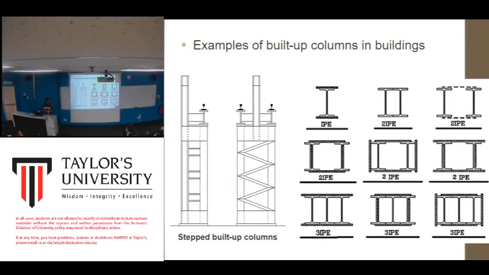Basically, for an industrial building where you have overhead cranes, you want to put the cranes on the column, so that's why you have that kind of design. If you look at this column, only this part is necessary to support the roof, because this part goes up to the roof of the warehouse or industrial building. But you need this part because it carries the load of the crane.